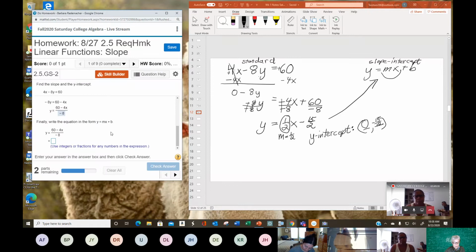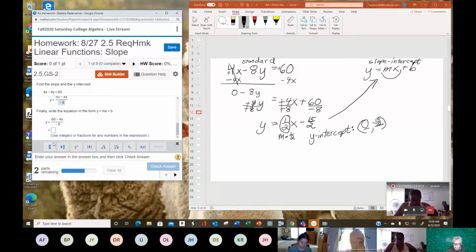Okay, now, what is this going to equal? This must be the end, right? I don't know what they're looking for. Use integers or fractions for any numbers in the expression. It's not the last question, though. This has me worried, gang.